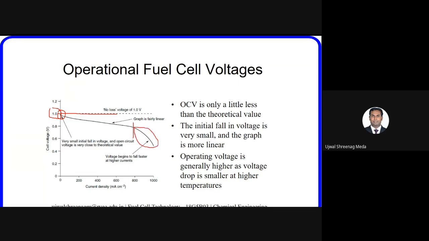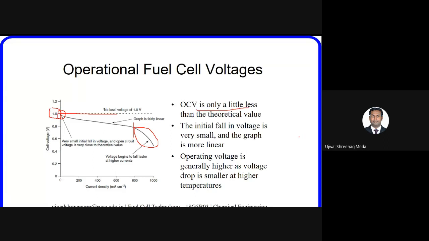So what is the difference? One is the no loss voltage is less, and the loss in zone 1, the difference between the actual open circuit voltage and theoretical open circuit voltage, is less in case of these fuel cells. See, OCV is only a little less than the theoretical value.